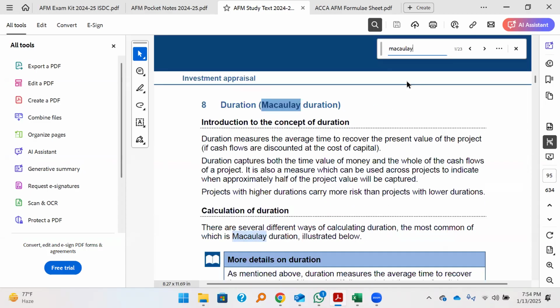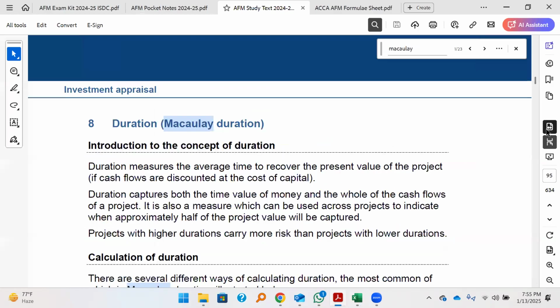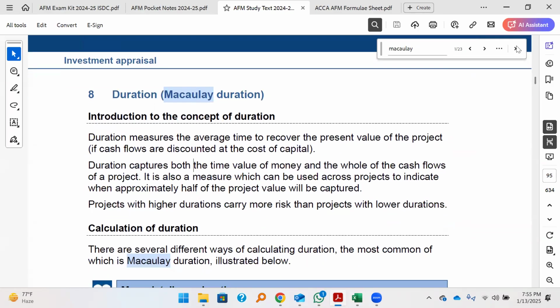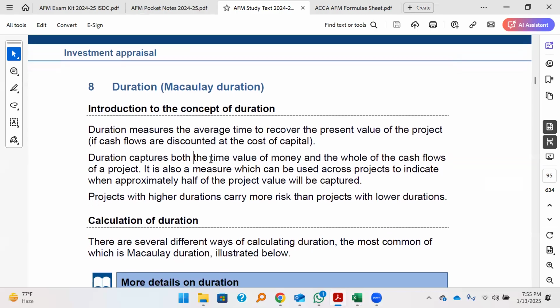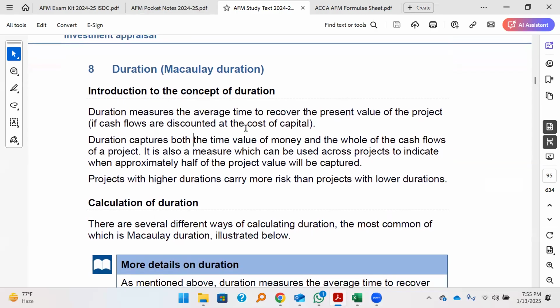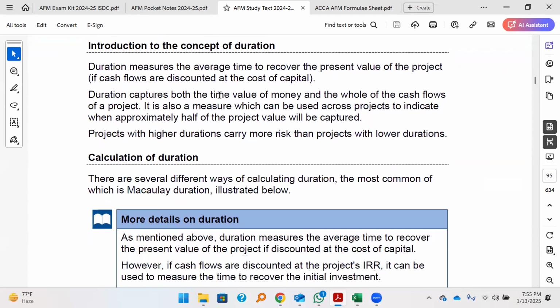Duration is also called Macaulay duration. And here they explain what duration is. It looks at the time to recover the present value of the project, but it looks at discounted cash flow, discounting at cost of capital. So it looks at both the time value of money and the whole of the cash flows of a project. These are the two issues I mentioned with payback period.